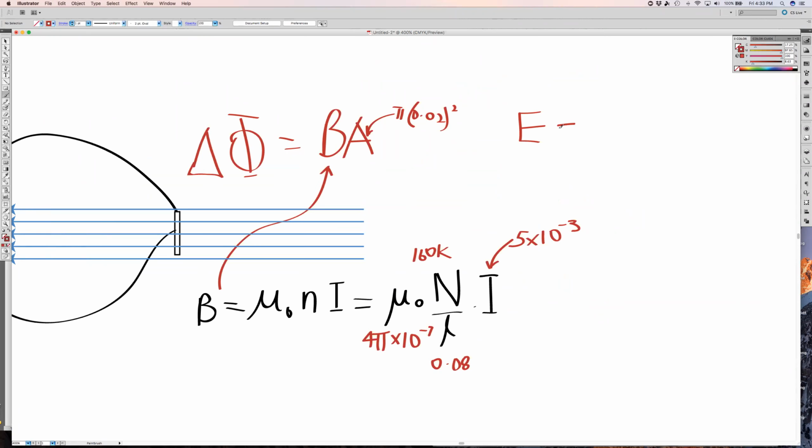The EMF E is equal to delta phi over delta T, same story again. That's what the EMF is equal to, and it is equal to BA, which is all of this, divided by delta T, which is 1 over F, which is 1 over 9.5.